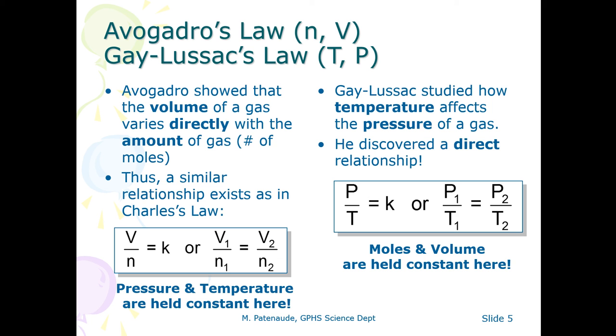It's a direct proportion, so V equals K times N. V over N is constant. V1 over N1 equals V2 over N2. A graph of V versus N would be a straight line where the slope is that constant K. That's what you would need to know for each of those 4 gas laws.